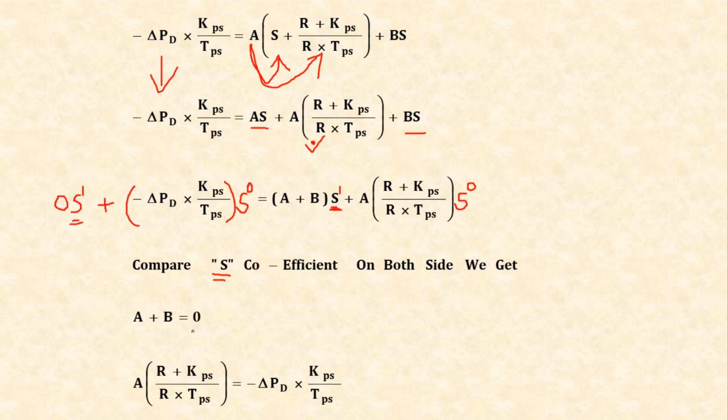So A plus B equal to 0. Clear? Now compare the second term, s raised to 0. So I can write A into r plus Kps upon r into Tps is equal to minus delta PD into Kps upon Tps. So this is the comparison.